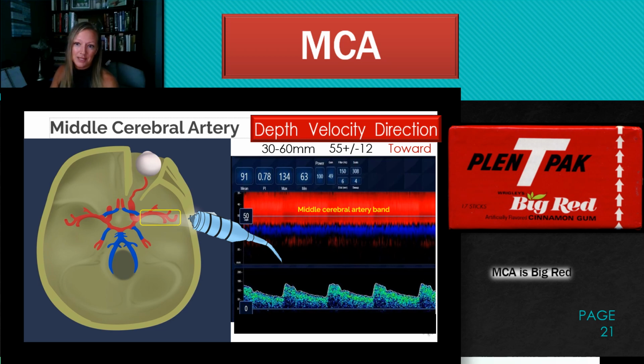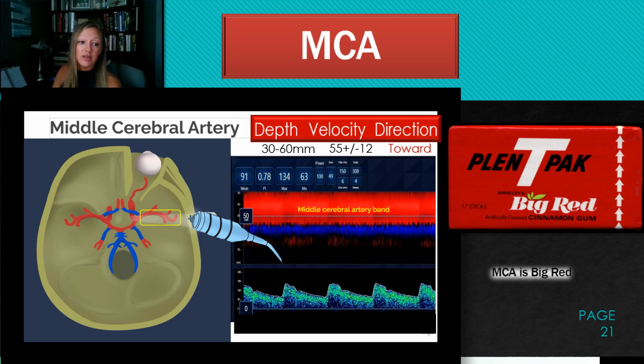You want that big red broad band in your middle cerebral artery to show from 30 to 60 millimeters in your M mode. Sometimes it's 40 to 60, but you do want to see that broad range of red, the big red, to identify your middle cerebral artery.